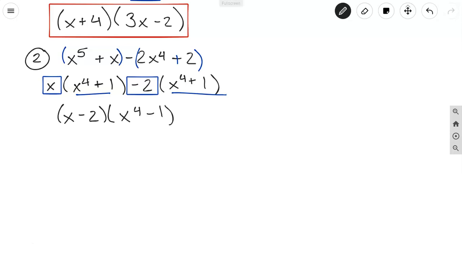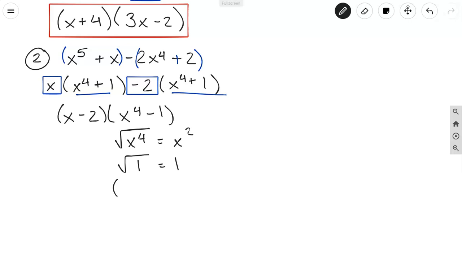Oh, that's difference of squares. So I'm going to do the square root of both if I can, which I know I can. Because x to the 4 square root is x squared. And the square root of 1 is 1. Because 1 times 1 is 1.